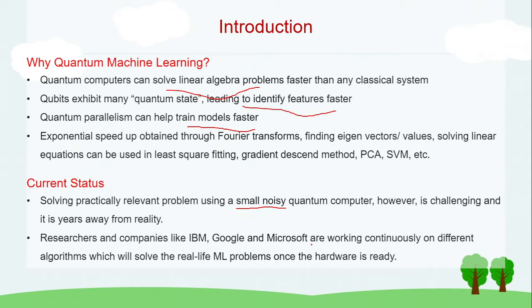They're working continuously on that and coming out with different algorithms, and they try to show that there is a big advantage. Once the good quantum hardware with a good number of qubits is ready, all whatever work they do is scalable, right? So that's the reason a lot of effort is being put on quantum machine learning.